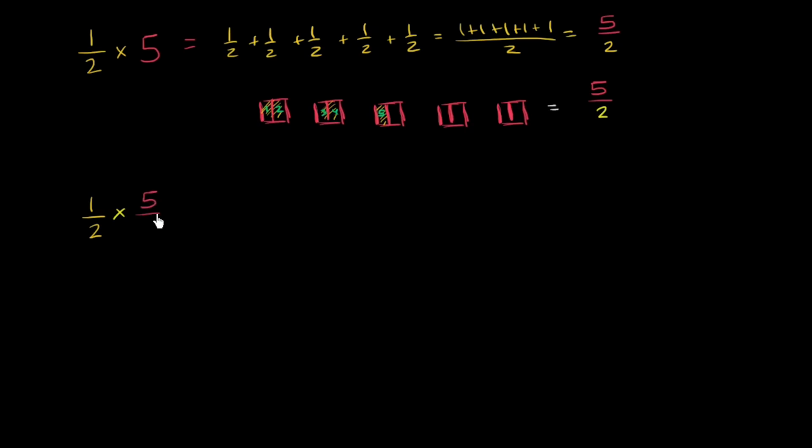Now that I've expressed both of them as fractions, I can just multiply the numerators: 1 times 5 over 2 times 1. And what's that going to be equal to? Well, 1 times 5 is 5. 2 times 1 is 2. So once again, we get 5 halves.